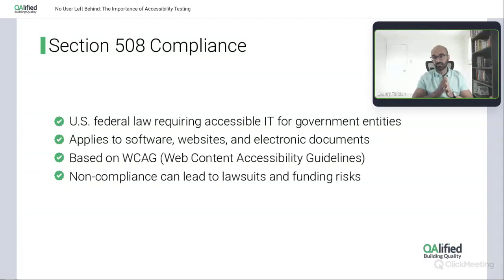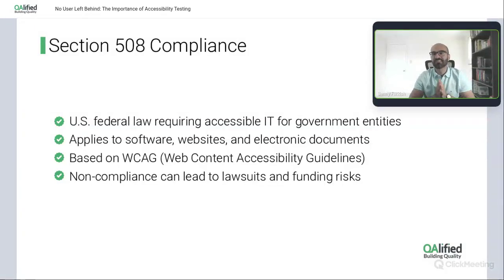Now, it does have some legal and business aspects that we just want to cover here. In the United States, and of course in all the countries, but here in the United States, we do have Section 508 compliance. Now, what is Section 508 compliance? It's a law. It's a law that all federal government agencies and their vendors and the companies working with them, whether you're contractors or subcontractors, all of those companies must have their digital products and their IT, whatever is in the IT world, accessible for people regardless of their ability.